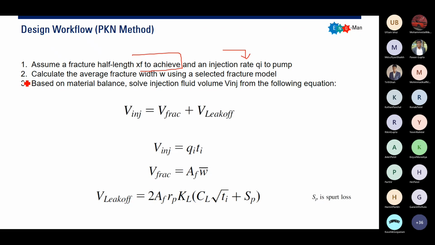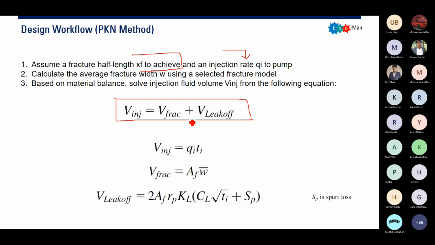And then we will do material balance, and we will solve for the injection fluid volume from the following equation. All right, so this is the equation. Injectant volume is equal to frac volume added by the leak-off volume.